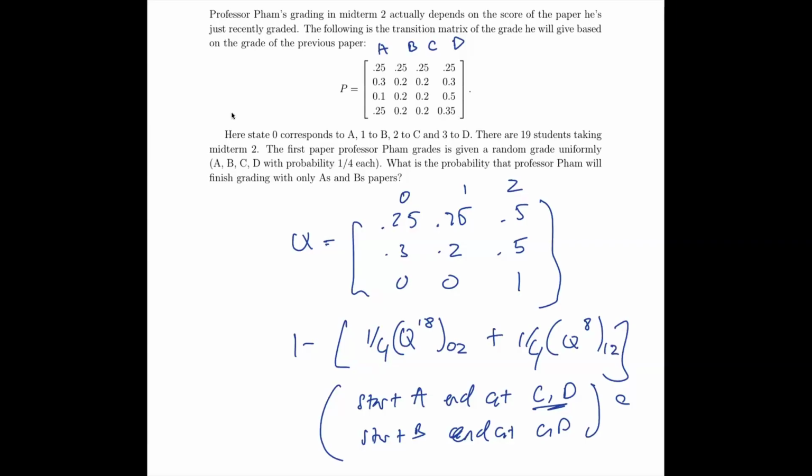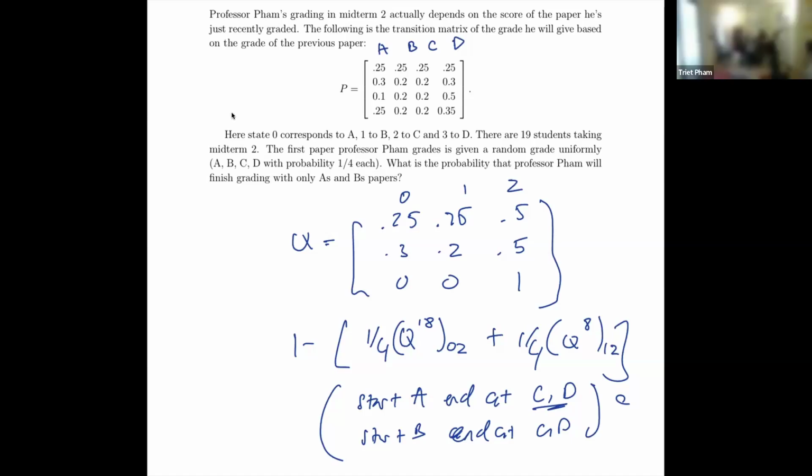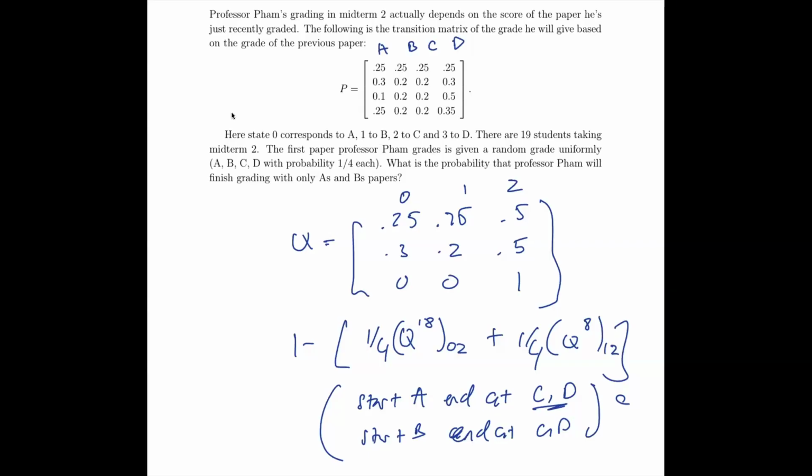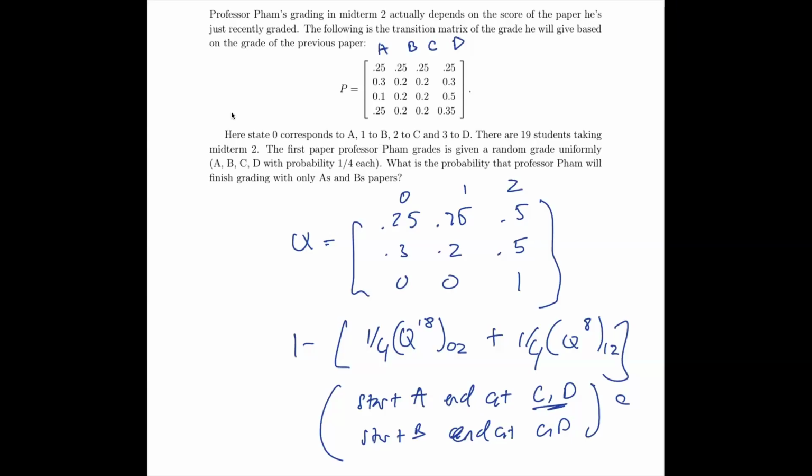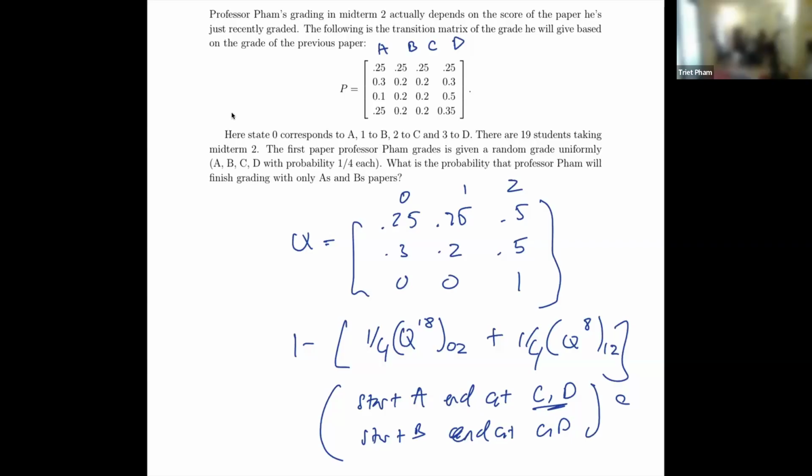Would it also be a correct solution to say 1/4 Q to the power of 18, and then list out 0, 1, 0, 0, 0, 0, 0, 0, 1, then 0, 1, 0, 1, 1, which is four 1/4 terms? Yes, each. This is definitely a more elegant solution, but no, it's still correct.